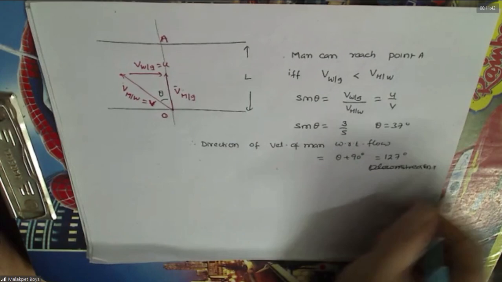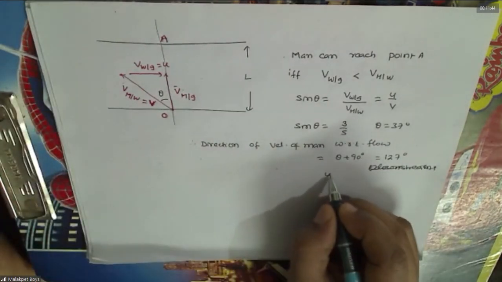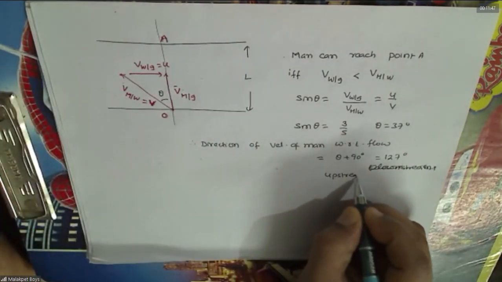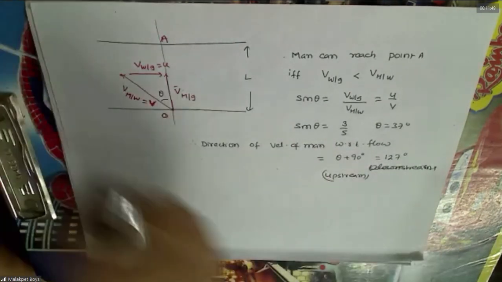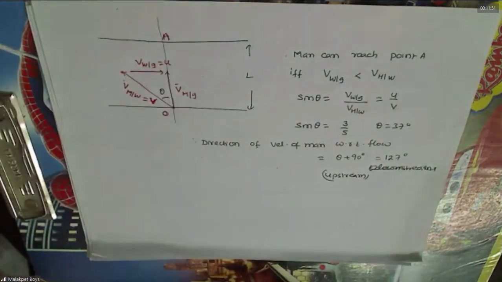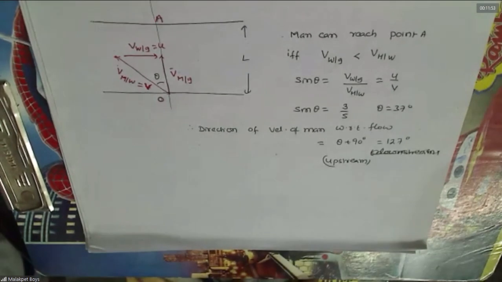So he's moving like this, no? So you should make 127 degrees and move upstream. This is the river flow. Do you have any doubt till here?